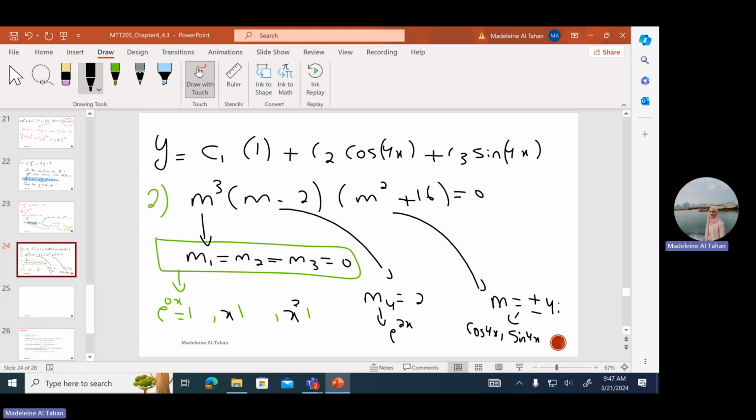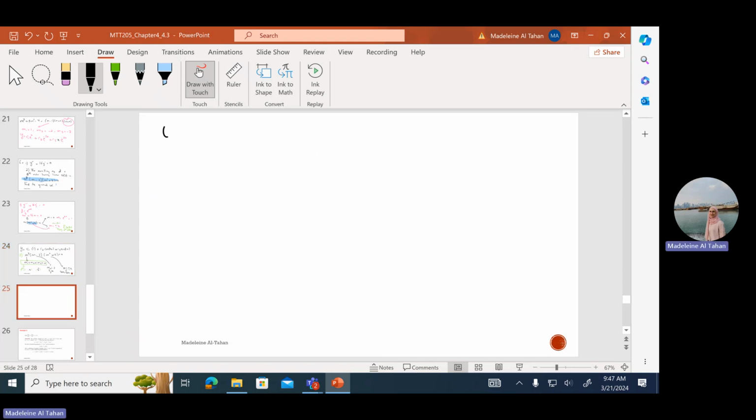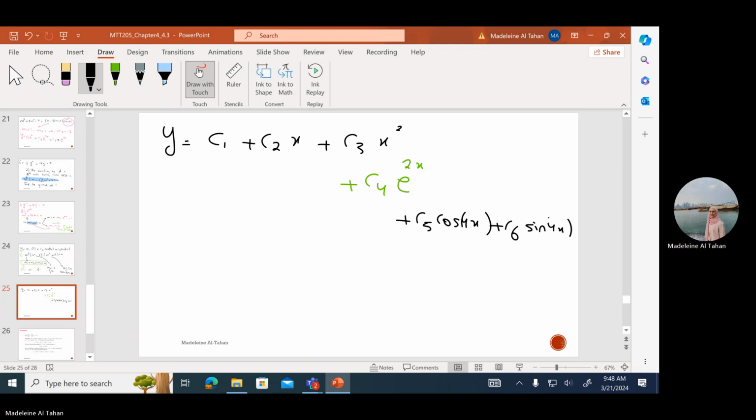The general solution now. Y equal C1 plus C2x plus C3x squared plus C4 e power 2x plus C5 cosine 4x plus C6 sine 4x.